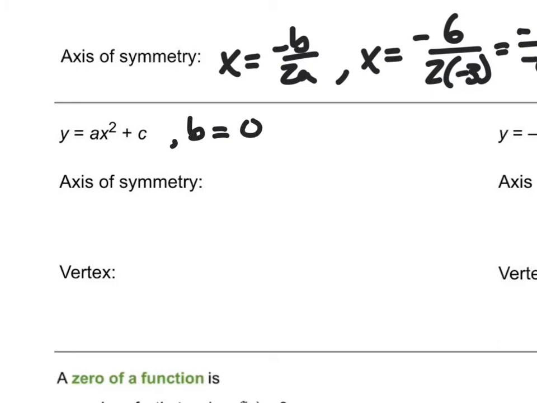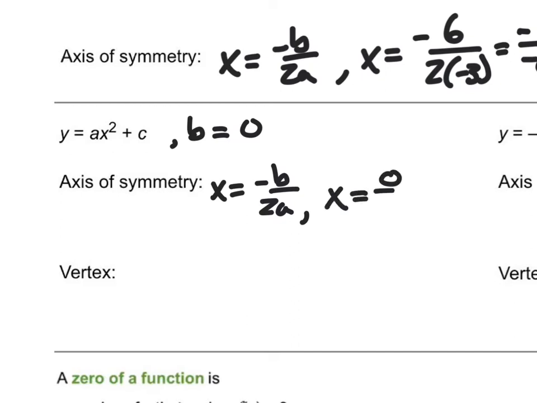Exactly. So on our axis of symmetry, remember, we've got x equals opposite b over 2a. So if we're looking for the axis of symmetry and we know b is 0, we're just going to plug that in.